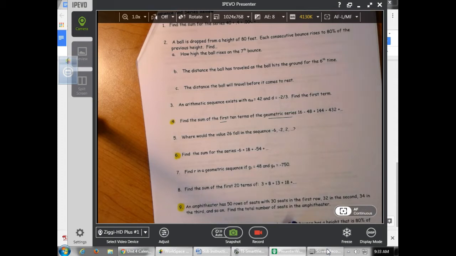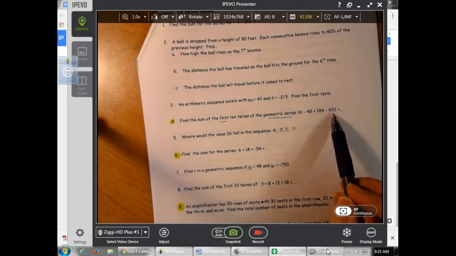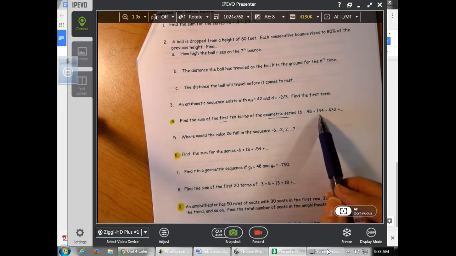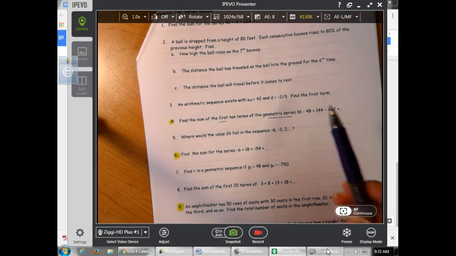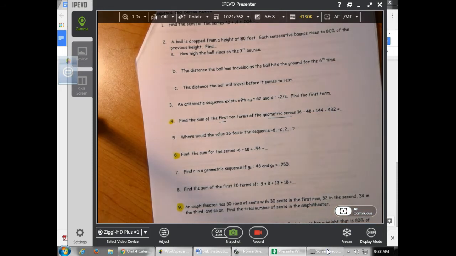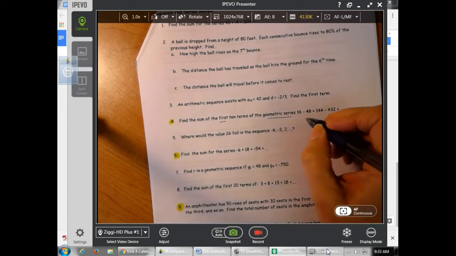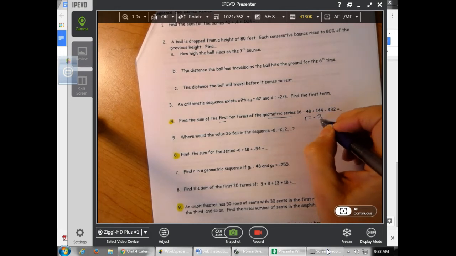But it's kind of backwards, so you divide -432 by 144, 144 by -48, -48 by 16. And if you get a common ratio every time, you know that you have a geometric sequence. So I'm going to divide -48 by 16, and that's going to give me an R of -3.